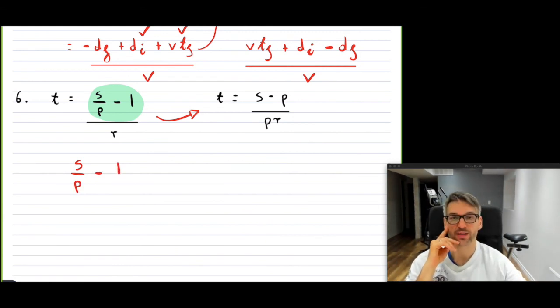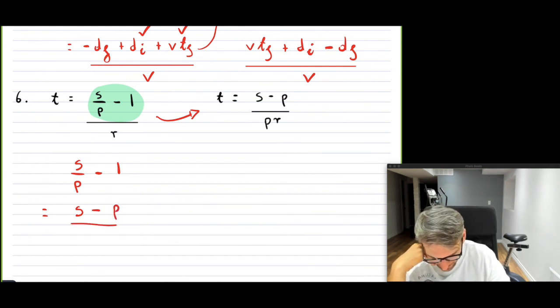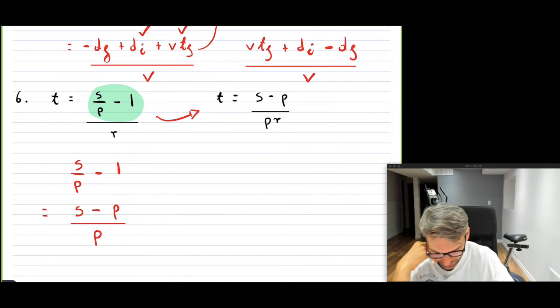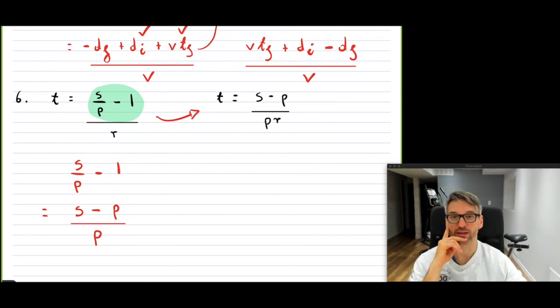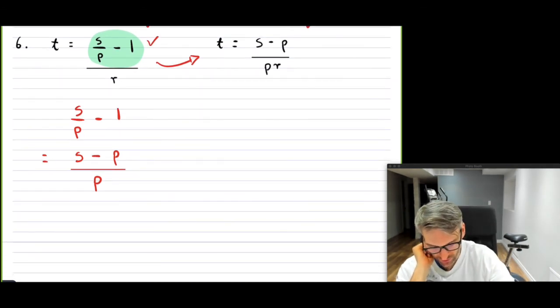Based on example number 2, and you can rewind the video if you like, you should see that this is going to be S minus P all over P. I'm not going to repeat the same thing I did for example 2. We're just finding a common denominator, and that 1 has simply changed to P over P, which is 1. So that's my numerator.